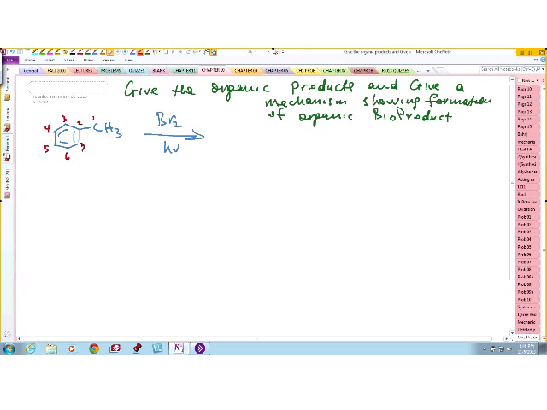You know what I'm trying to say, right? What is going to happen here? Which hydrogen are we replacing? On the methyl. No, what does this reagent do? It breaks it and turns into radical. What does it do?